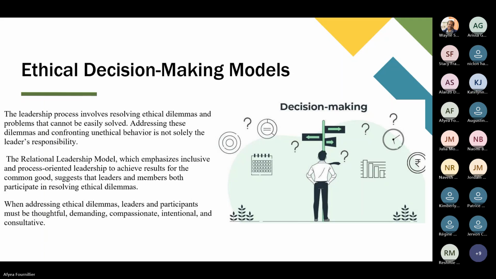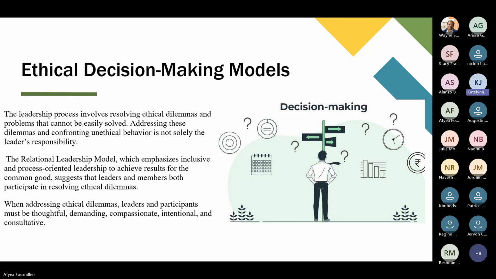Okay, so now we reach the ethical decision-making models. The leadership process involves resolving ethical dilemmas and problems that cannot be easily solved. Addressing these dilemmas and confronting unethical behavior is not solely the leader's responsibility.